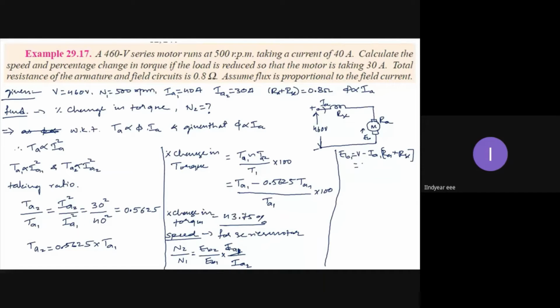This is equal to 460 minus 40 into 0.8. Here brush contact drop is not mentioned, so I neglect it. That's it. So how much do we get? 428 volts.